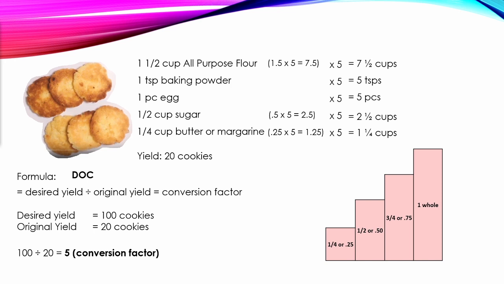How about if you wanted to decrease the recipe? You found a recipe online and you wanted to decrease it. So to decrease the recipe yield, we will still be using the same formula. The desired yield divided by original yield equals your conversion factor, or remember, your DOC.